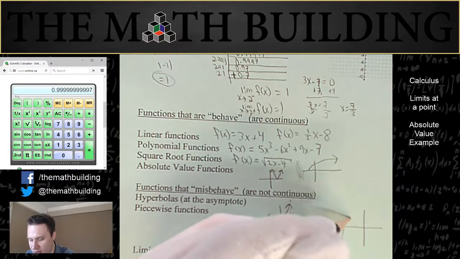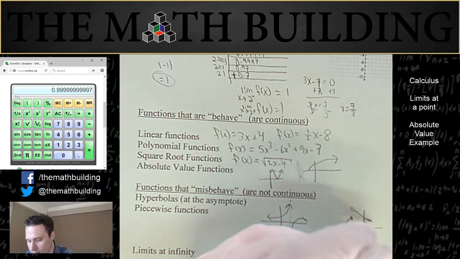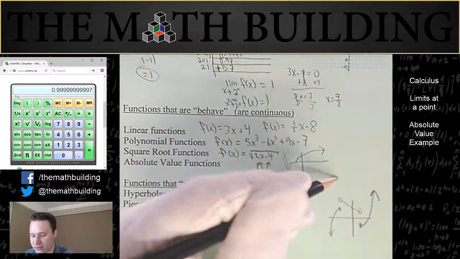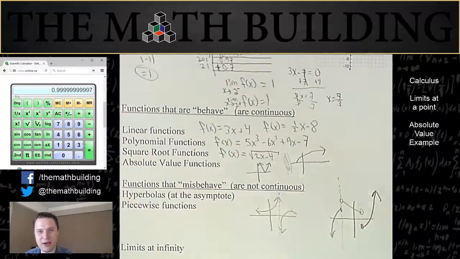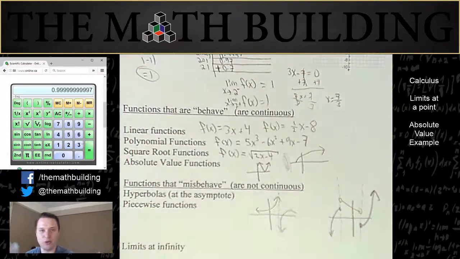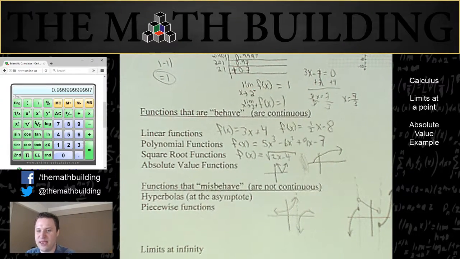So check out this function. We can see that this function has some gaps, so there's going to be no limit right here because we're approaching two different things. No limit right here because we're approaching two different things. So there are some examples of functions that misbehave.